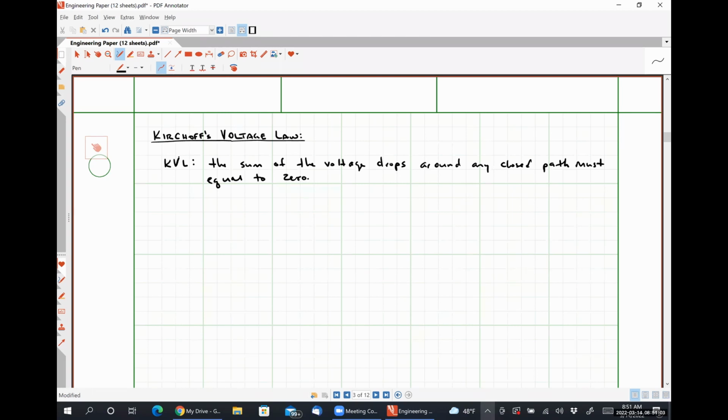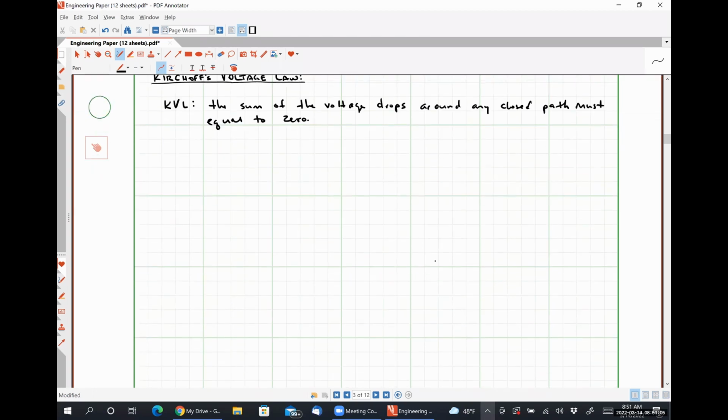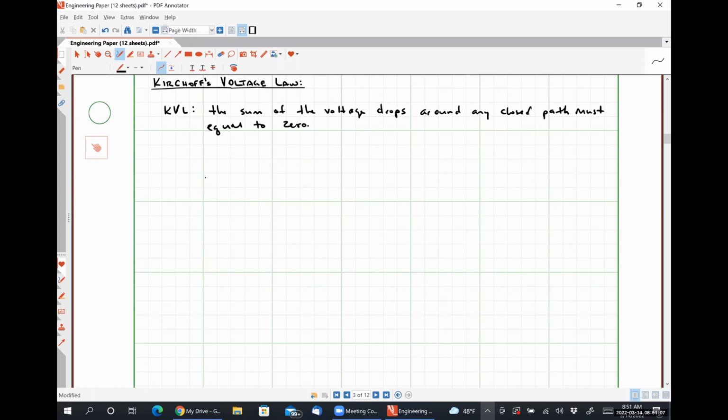Okay, so if we take a simple circuit like so, where we have a 10-volt drop being provided by a source, and then we have a generic element A over which a 5-volt drop occurs.